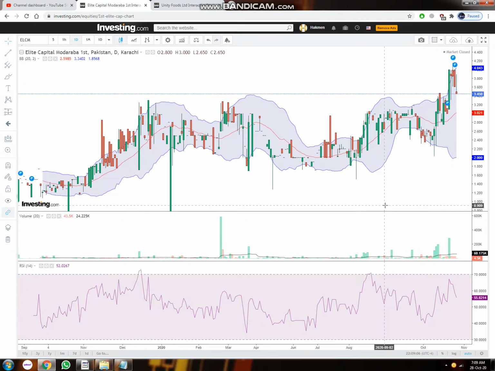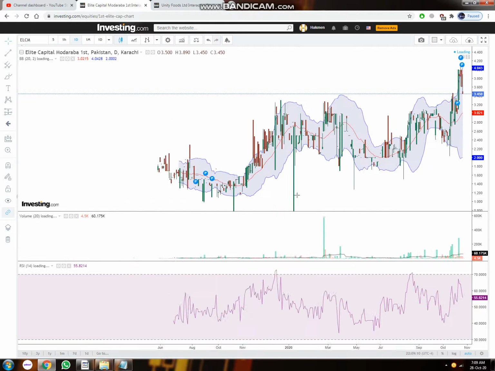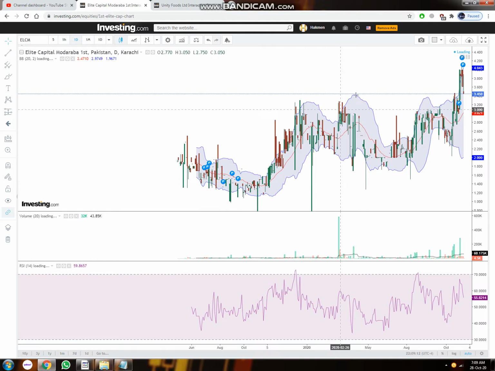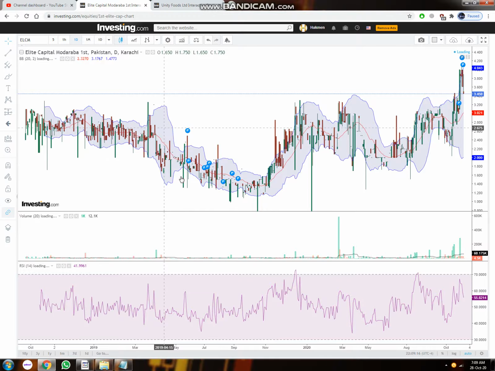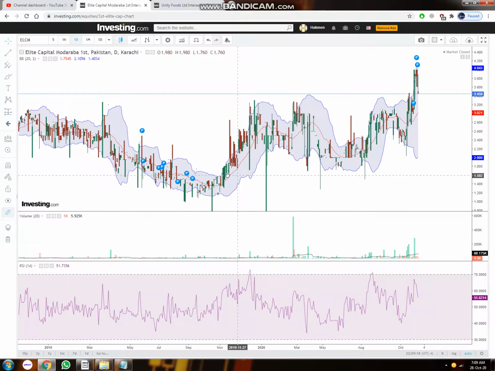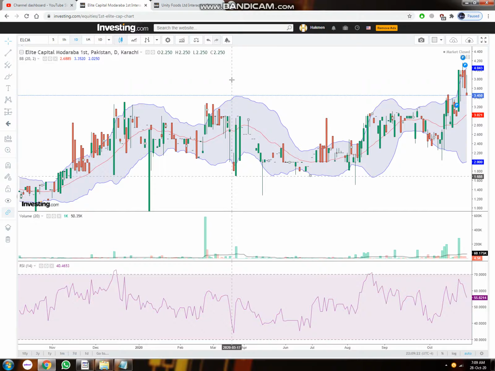Now I want to show you a side trend. This is what a side trend looks like. You can see that the fluctuation of the prices is occurring at a high rate. The distance between them is far greater than the previous one, and although it is a side trend, in a side trend the prices do not fluctuate at a high rate, but in this case you can see that these are bullish candlesticks.